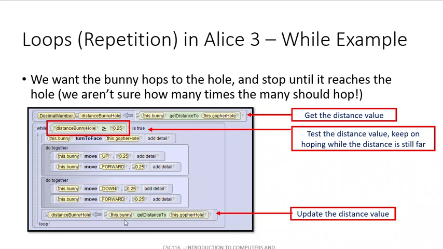Okay, bila dia dah lompat, mungkin jarak tadi katalah 1 for example. Dan bila dia dah lompat, katalah dia dah berkurang jadi 0.75 dah jarak dia dengan lubang tadi. So, katalah 0.75. So, 0.75 still greater than 0.25.